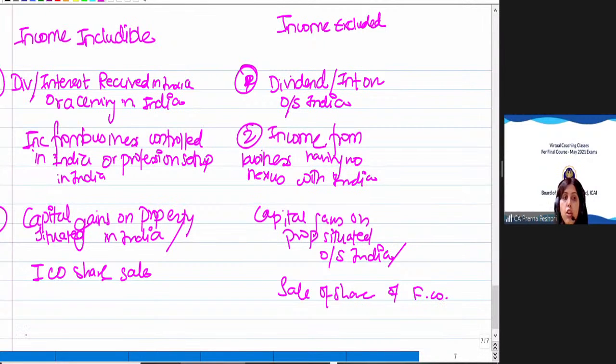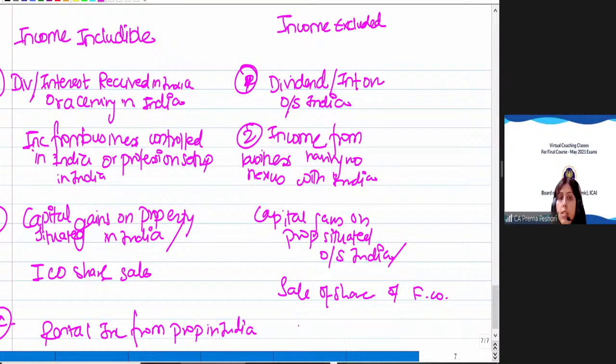Whether you will include the rental income? Yes. Rental income from property in India, you will include. Rental income outside India, on property located outside India, you will exclude.